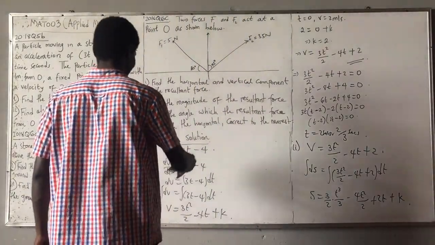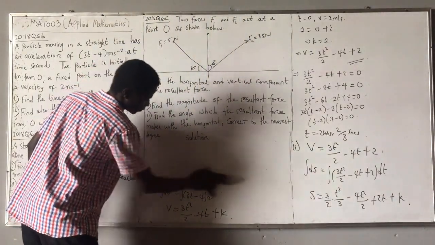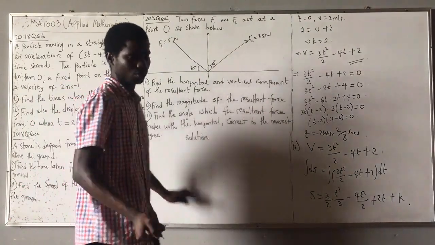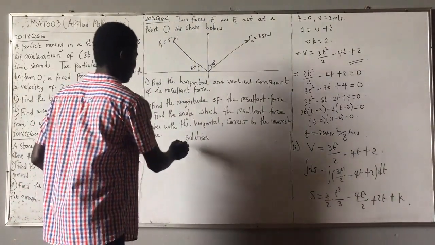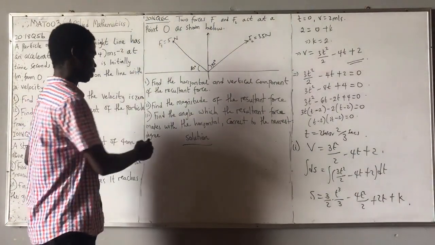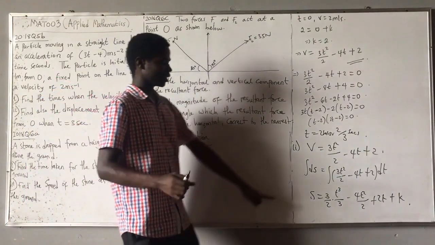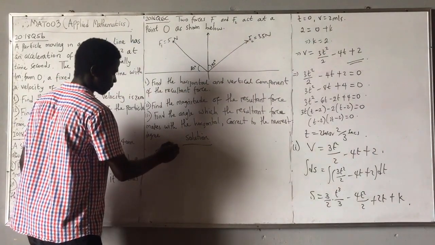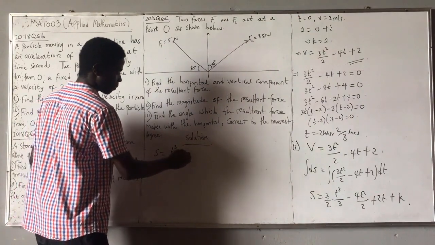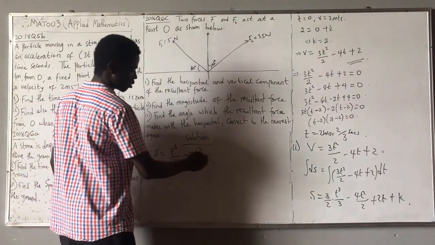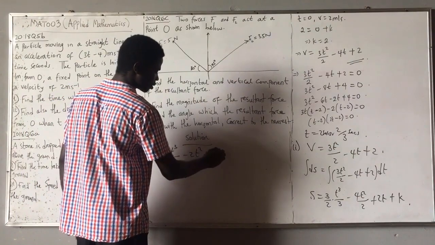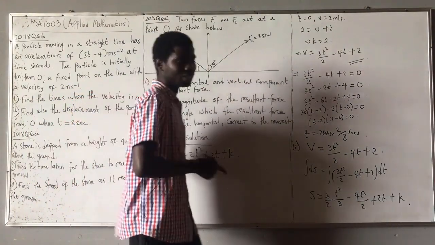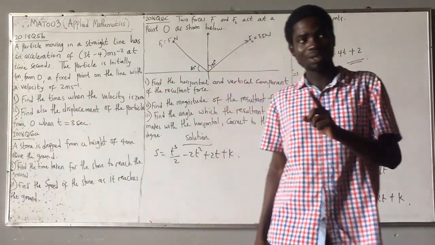Now to finish this, look at what I'm going to get. s will be equal to, 3 cancels 3, I'm left with t raised to power 3 over 2, minus 2t squared plus 2t plus k. I need to find this k, that constant of integration.